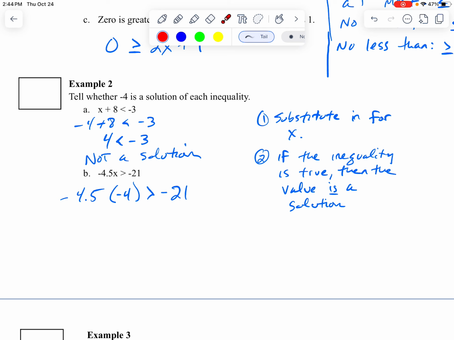So I know that this is true already. So -4.5 times -4 is positive 18, is greater than -21. This is absolutely true. So yes, this is a solution.